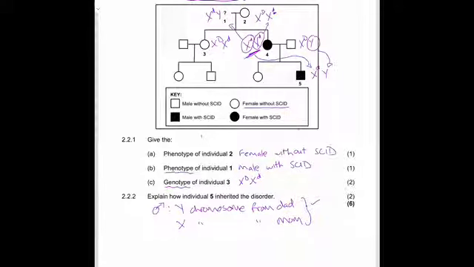Then you would say his mother's genotype is X little d, meaning that she can only give gametes with an X little d chromosome or allele. And that would get you your 2nd mark.